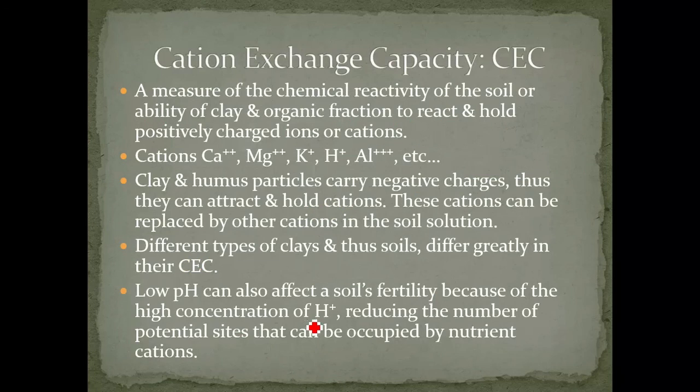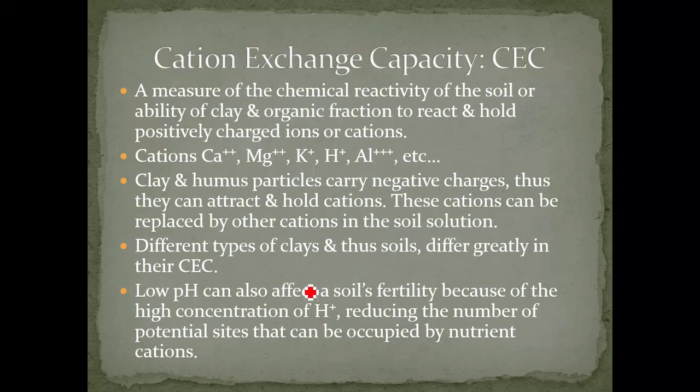The other thing that we have to be concerned about from a chemical standpoint of soils is the cation exchange capacity, most often abbreviated as CEC. It's the measure of the chemical reactivity of the soil. It's the ability of clay, mostly the clay particles, and the organic fraction, to react and hold positively charged ions or cations.